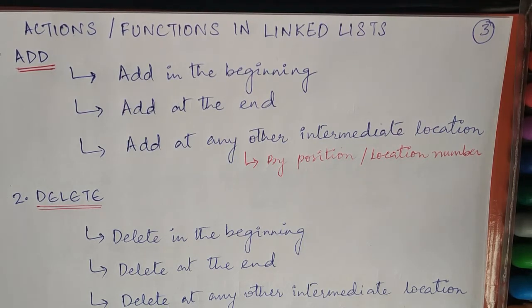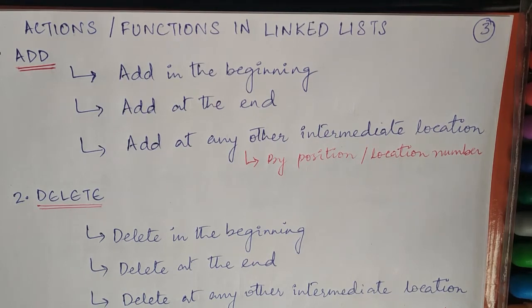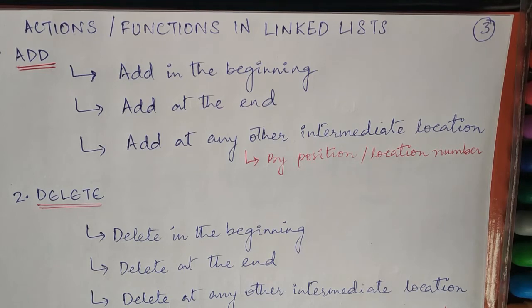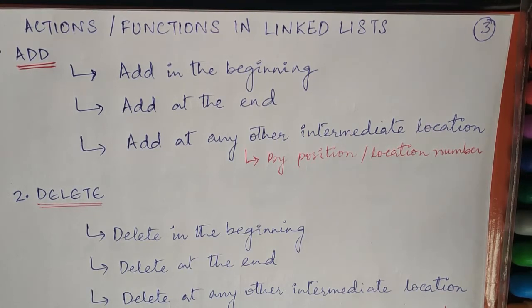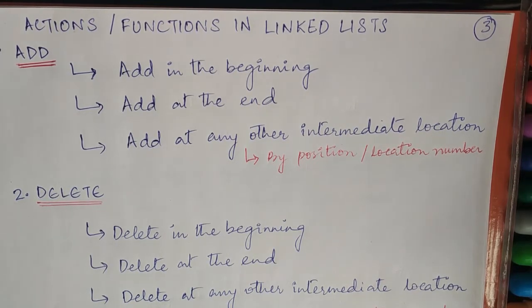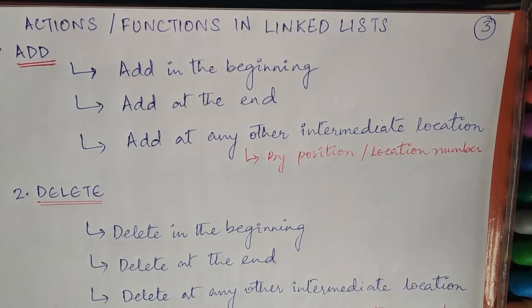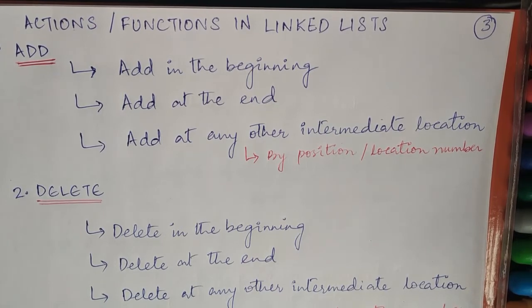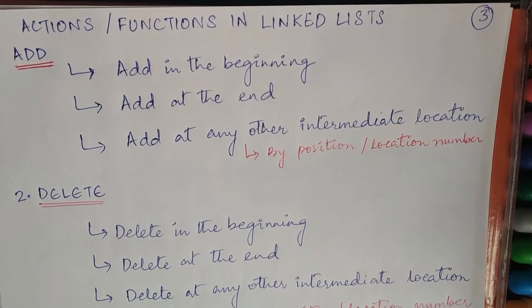You can perform pretty much every operation on it, but when we go to different types of linked list, which includes queues and stacks, you'll see that the definition restricts the operations that we can perform on them. For now, with a linked list, you can do additions, deletions. You can do additions in the beginning, in the end, or at any other intermediate location. Then similarly, you can delete at the start, end, or any other intermediate location.